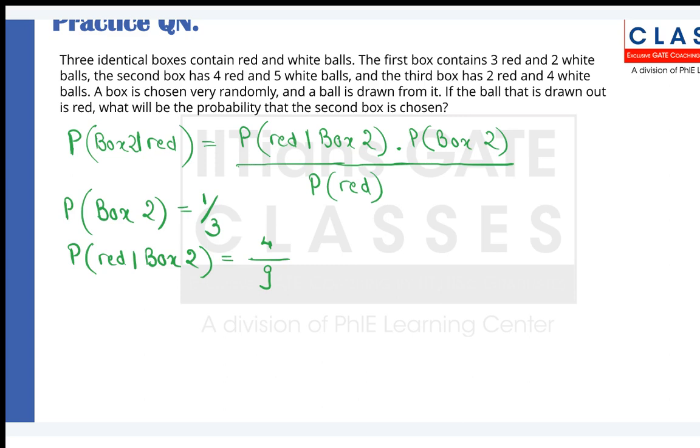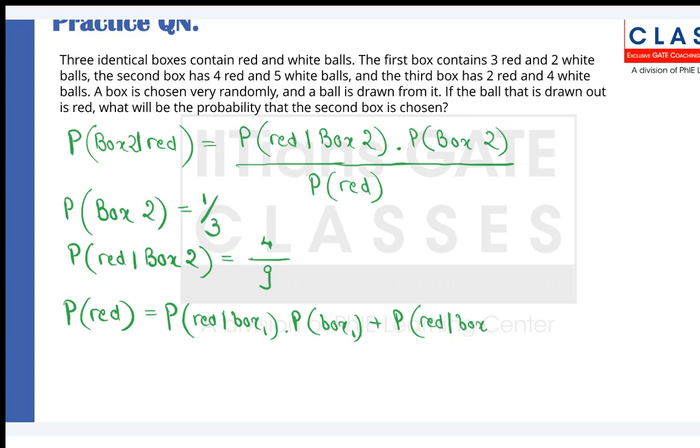The interesting part is to calculate the probability that you choose a red ball, correct? You can calculate it this way: probability that it is a red ball given it is box 1 multiplied by P of box 1, plus probability that it is a red ball given box 2 multiplied by P of box 2, plus probability that it is a red ball given box 3 multiplied by P of box 3.